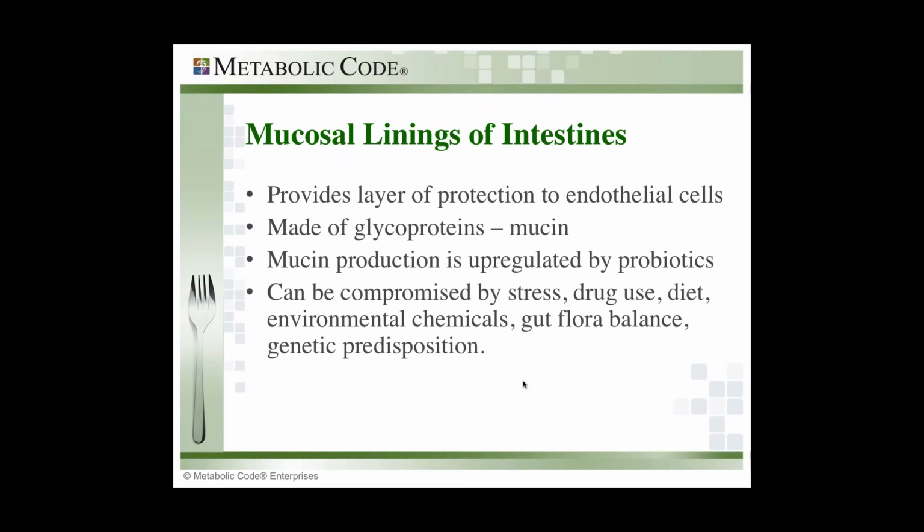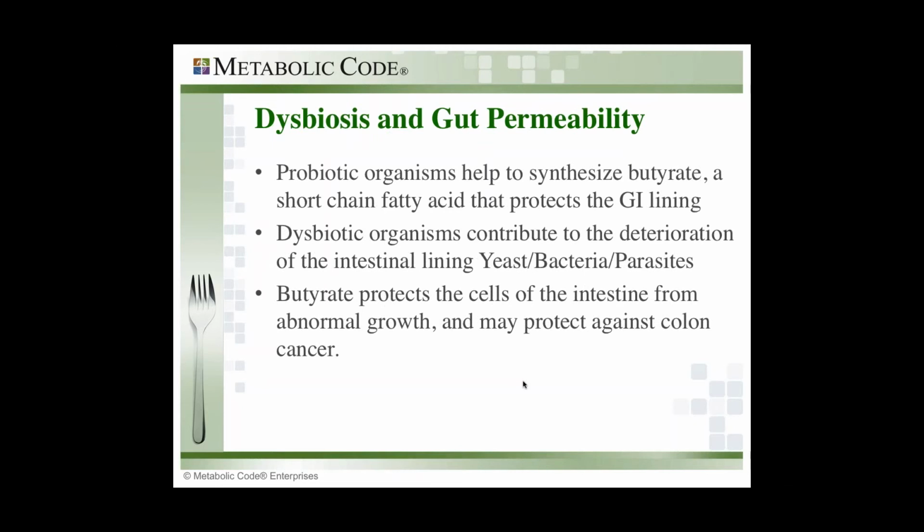So this is where it starts: something happens that dysregulates the probiotic organisms in the intestines that synthesize butyrate, which is important for feeding the epithelial cells that are lining the intestines. That's what they use for fuel.